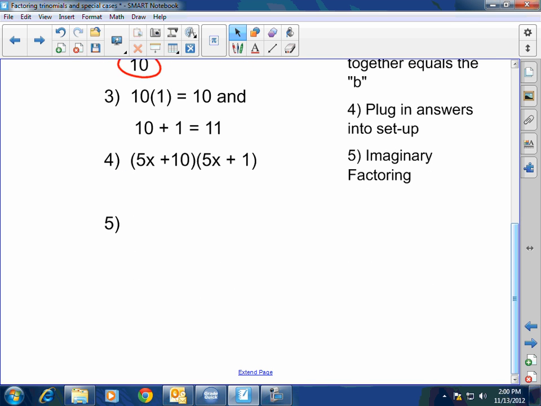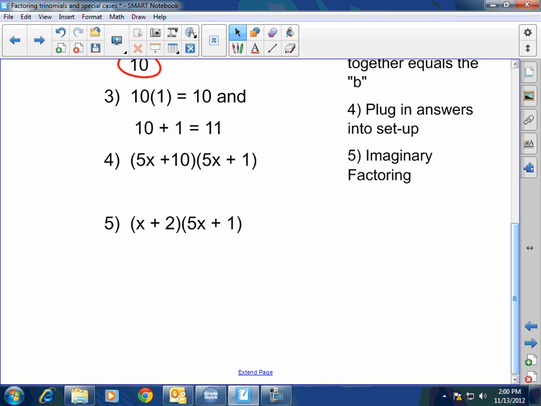So what goes into 5x and 10? So you divide it by 5, right? Normally this would be 5x plus 2, correct? But this is a trick, my brothers. So I'm just going to divide the 5 out, and I am not going to put the GCF out. I am not. It's just going to be 5x plus 1 times x plus 2.